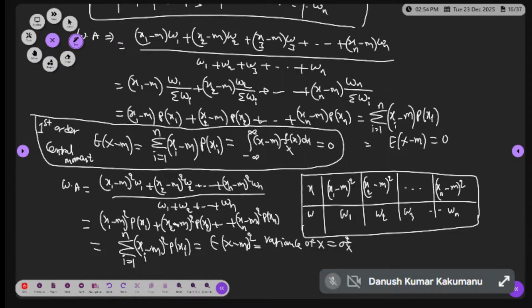What is the value of the first order central moment? It is 0. So remember all. Variance is a second order central moment. Any confusions? Clear?